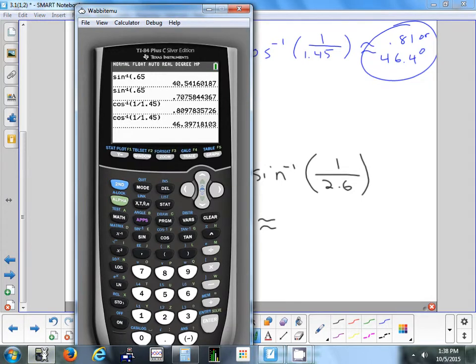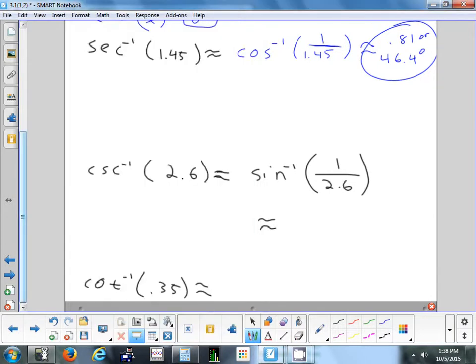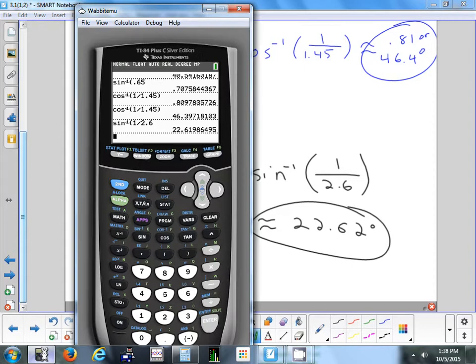So inverse sine of 1/2.6. Anybody else get 22.62? Good. If you got something totally different, it's probably because you did it in radians.